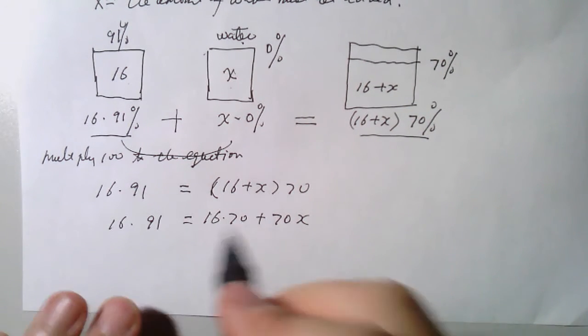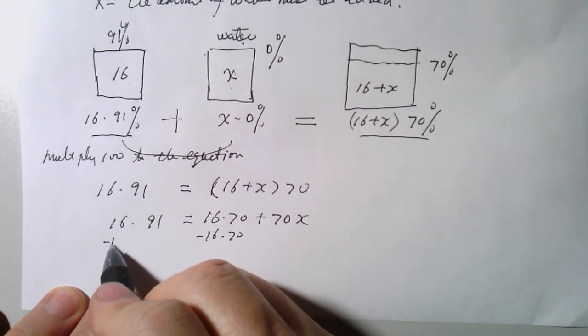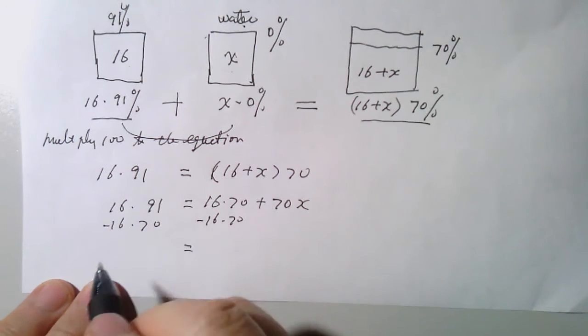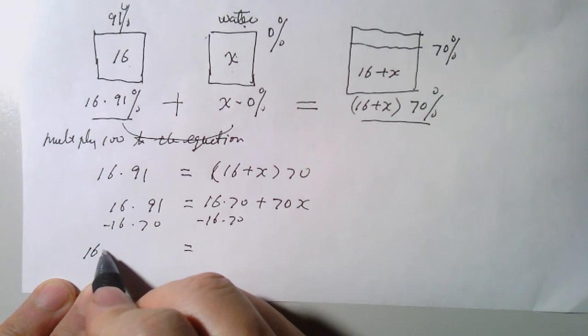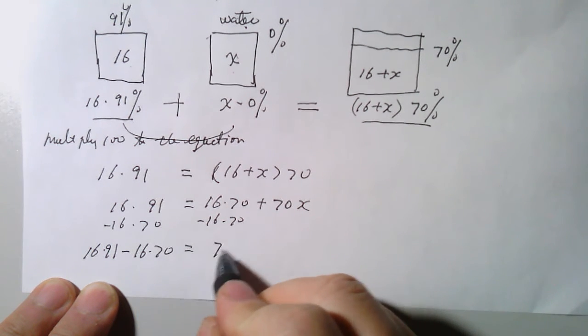Subtract 16 times 70, and you have 16 times 91 minus 16 times 70 equals 70x.